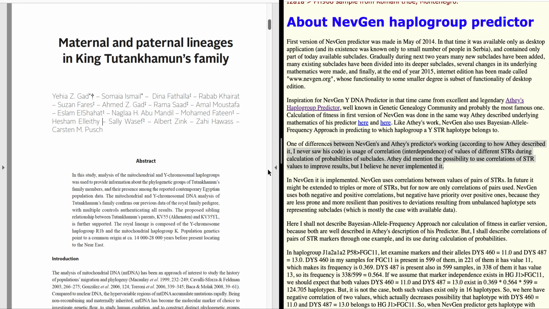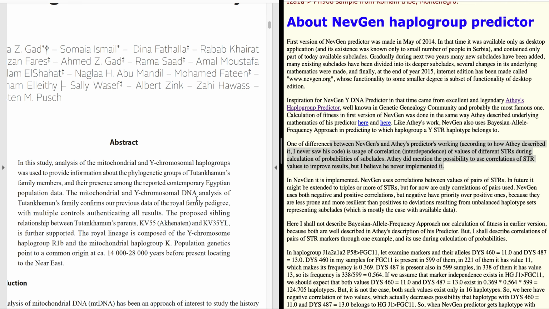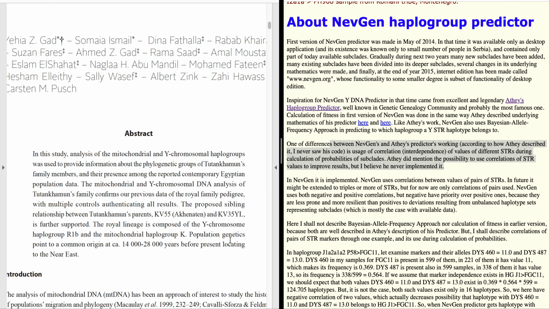The royal lineage is composed of the Y chromosome haplogroup R1b and the mitochondrial haplogroup K. Population genetics point to a common origin at ca. 14,000 to 28,000 years before present, locating to the Near East. So interesting.